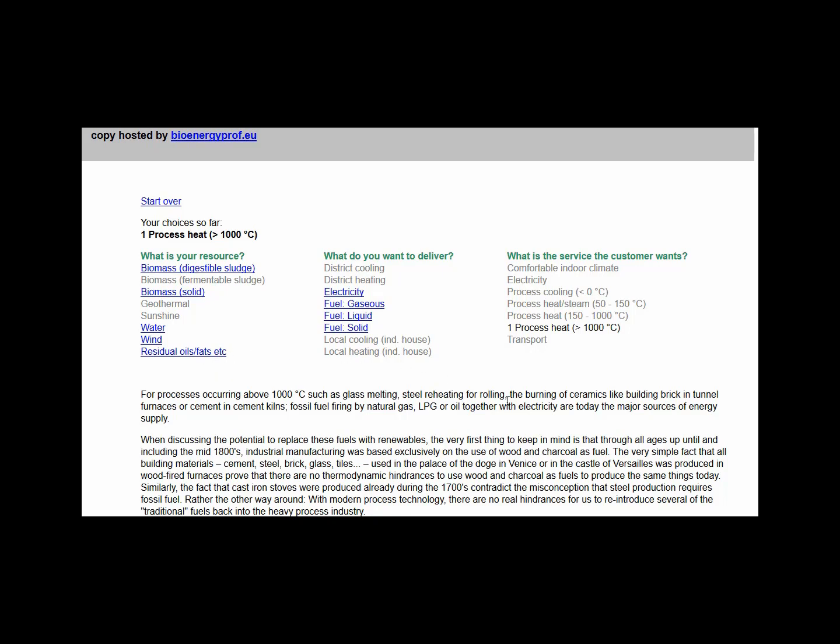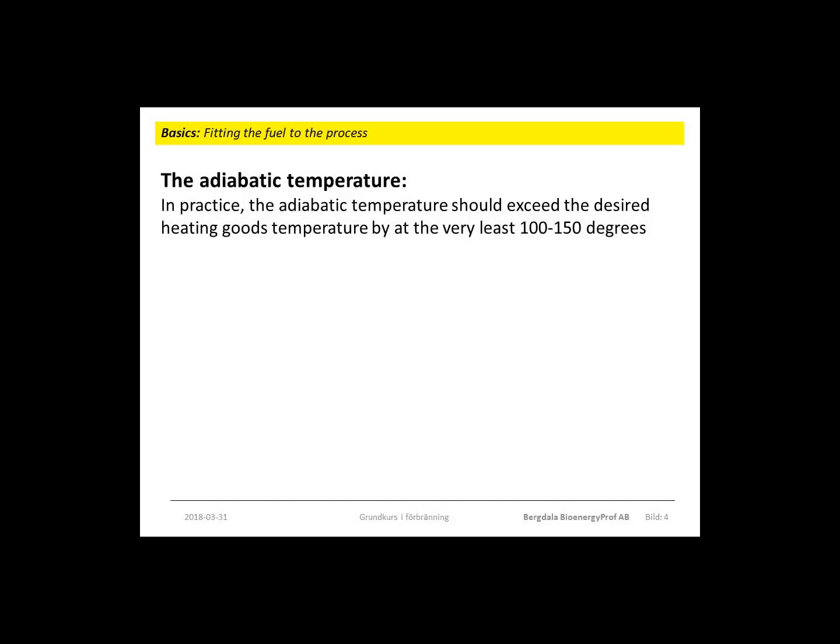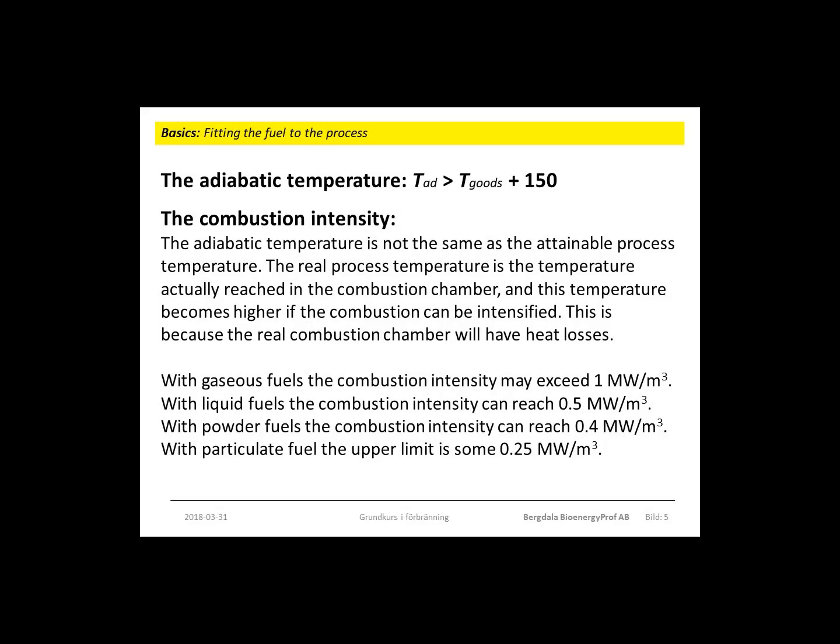One of the most crucial parameters to judge the quality of a fuel and to see if it's suitable for a specific process is the attainable temperature. The adiabatic temperature is of course only a theoretical value, but it can be used for a first estimate. Another crucial parameter is the attainable combustion intensity.